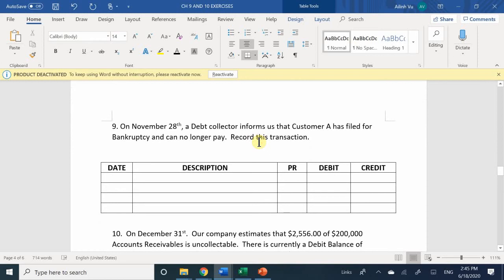Then on November 28th, a debt collector informs you that customer A has filed bankruptcy and can no longer pay. Record this transaction.